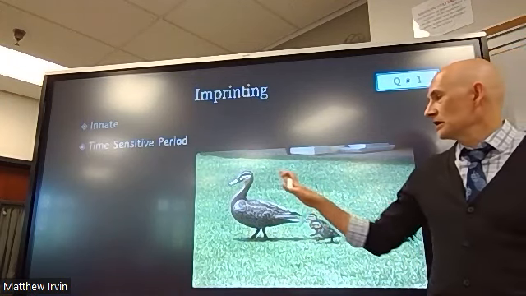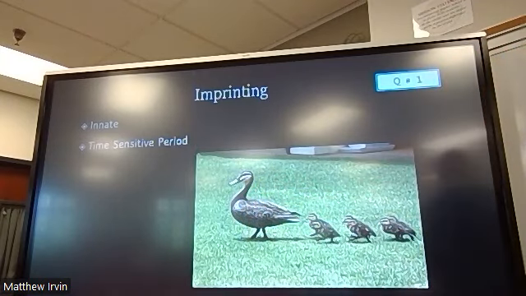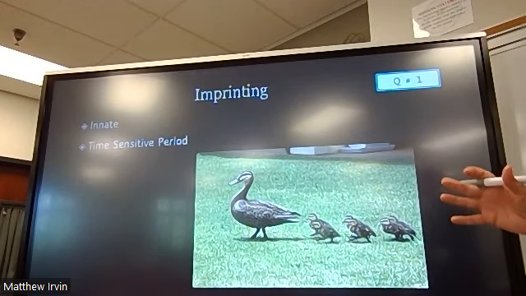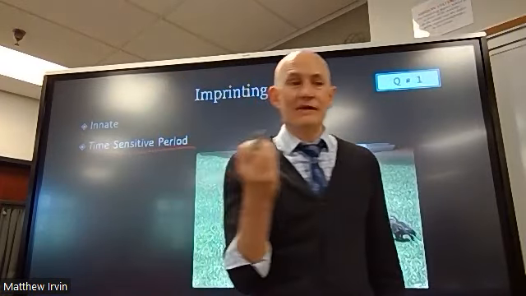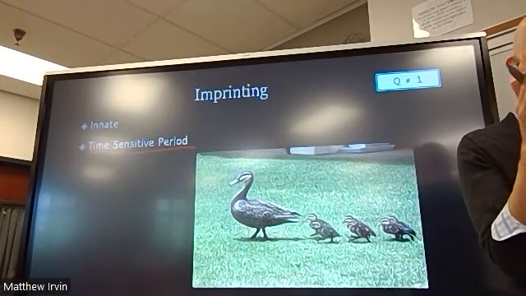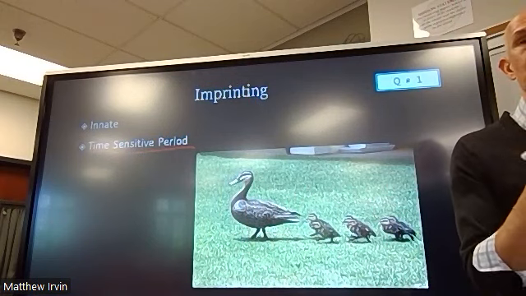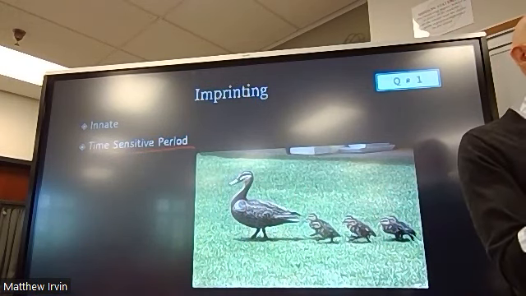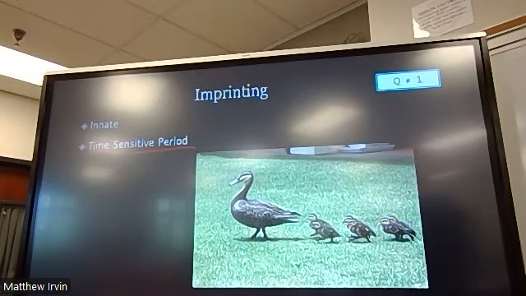It increases the reproductive fitness for the parent because the babies are not just wandering away randomly. There is a time sensitive period where if the offspring does not do the imprinting within the first few minutes of hatching from the egg, then it's going to potentially imprint on the wrong thing or not imprint at all. And then it would just have a wandering random behavior.